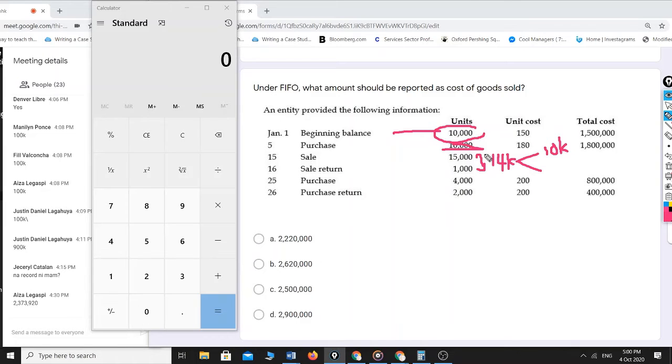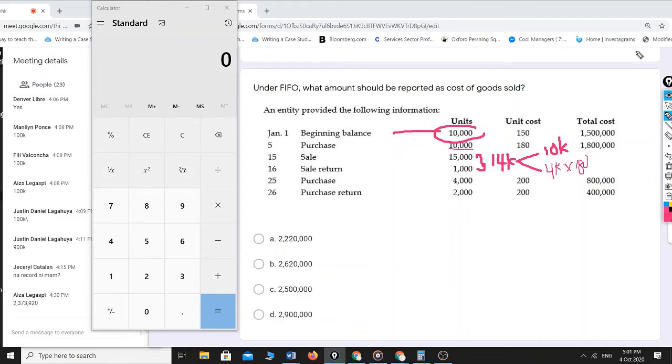Okay, so 4,000. Anya ang cost aning purchase na to on January 5 is 180 per unit. Okay? So you try to compute pila ang cost sa nabaligya.